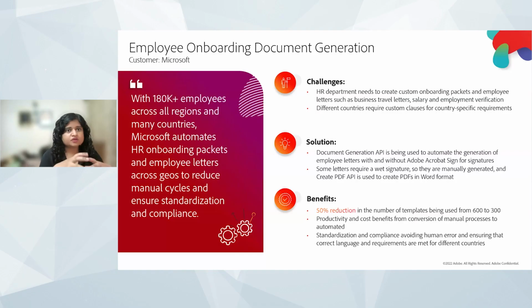And again, the human error, right, while generating an offer letter or getting certain details wrong is reduced, because now you're getting documents generated out of your single source of truth where the data is residing. So if the employee or the person has updated that data, then the same thing will translate onto the document as well.